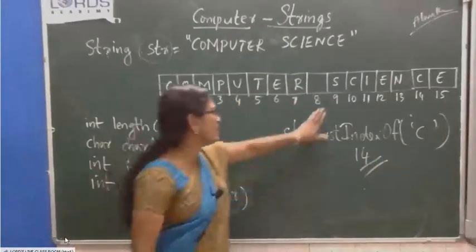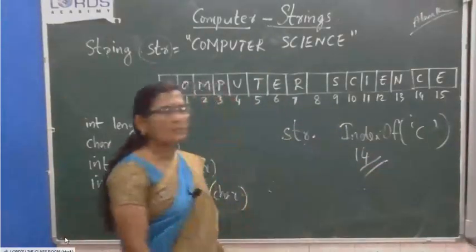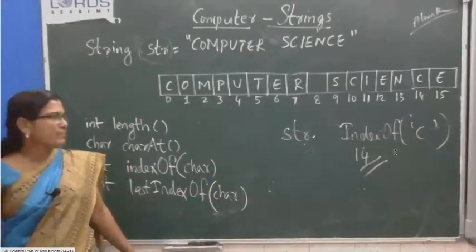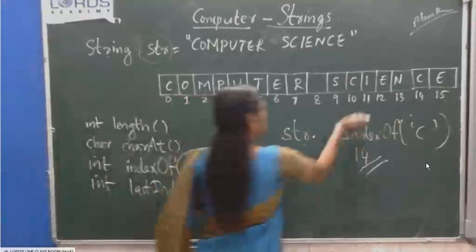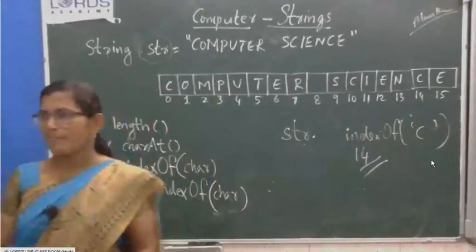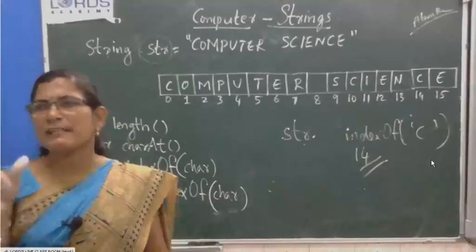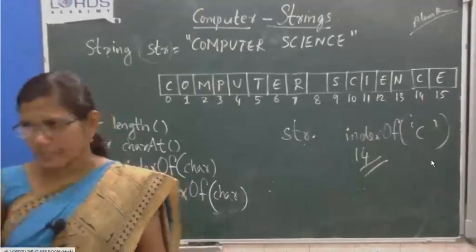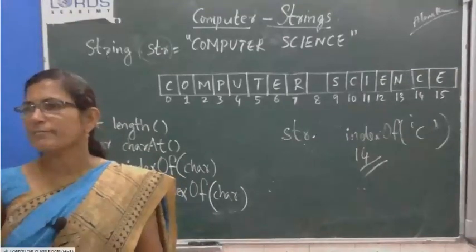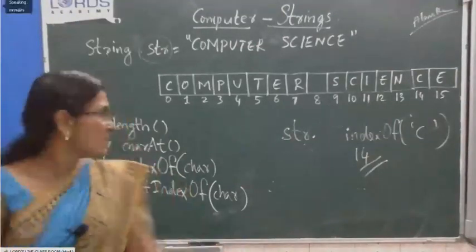If I simply give indexOf, what will be the output? Mrinalini, tell me. indexOf will give the index number of the first occurrence. What is the index number of the first occurrence? 0.